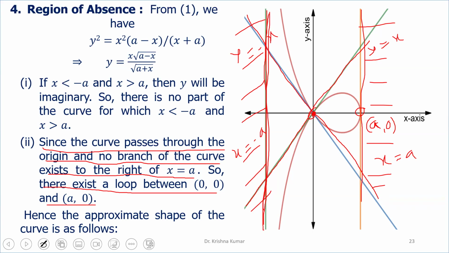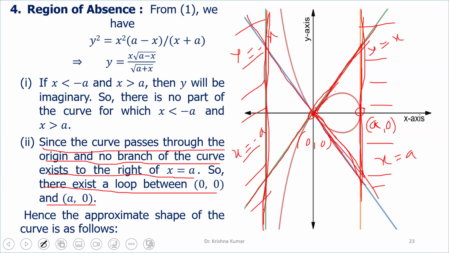So let me again try to draw the curve. Since there are 2 points, (0, 0) and (a, 0), in between them is the closed part. So the curve will lie in between these three lines, 1, 2, and 3. Now this is a tangent, and this is also a tangent.